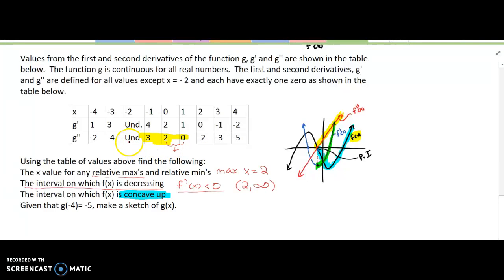And everything between my undefined value and 3 will be positive. So that means this is when I am concave up, because my second derivative is positive. So we'll say we were concave up from negative 2 to 1.